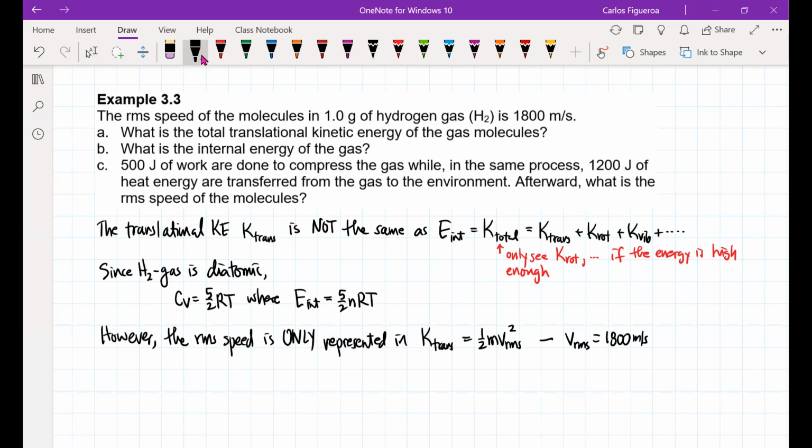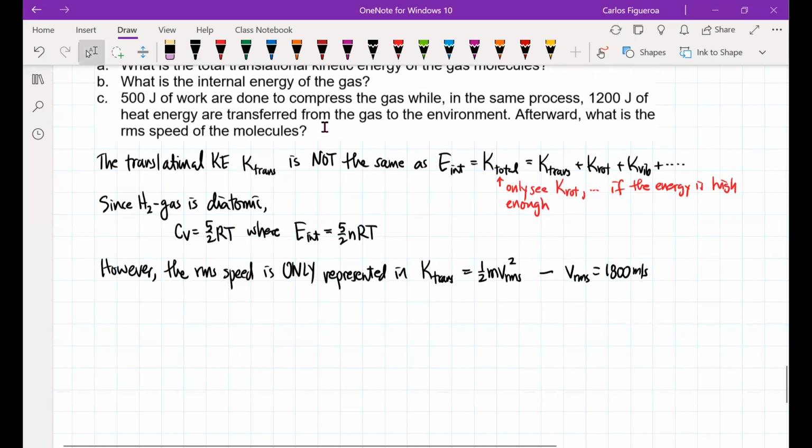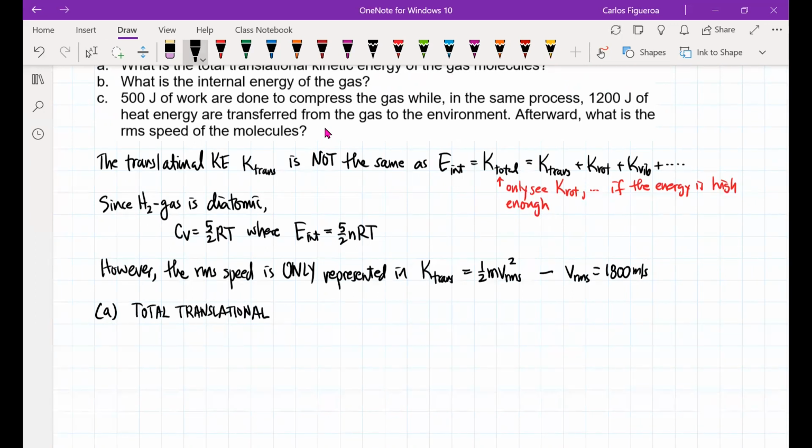So now let's go look at A. What is the total translational kinetic energy of the gas molecules? So now we want the total translational kinetic energy, K trans. Each diatomic molecule has some RMS kinetic energy.